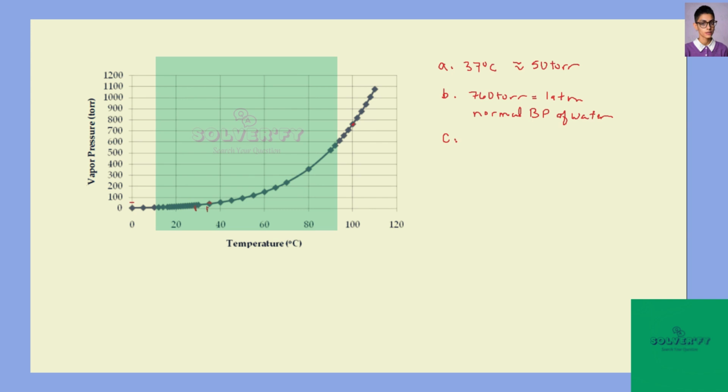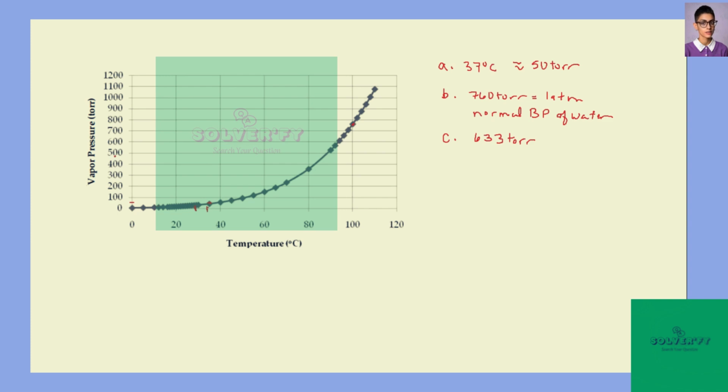Question C says a city at an altitude of 5,000 feet above sea level has a barometric pressure of 633 torr. To what temperature would they have to heat water to boil in this city? So the boiling point is this line.